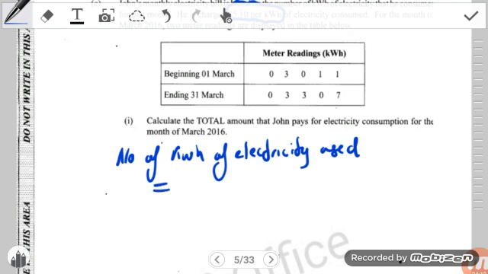It's going to be 3307 minus 3011, because you have to subtract what you started with from what you ended with.